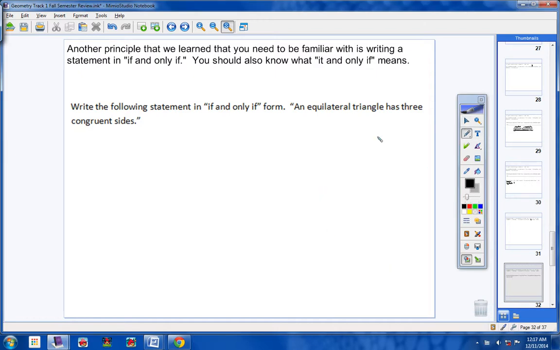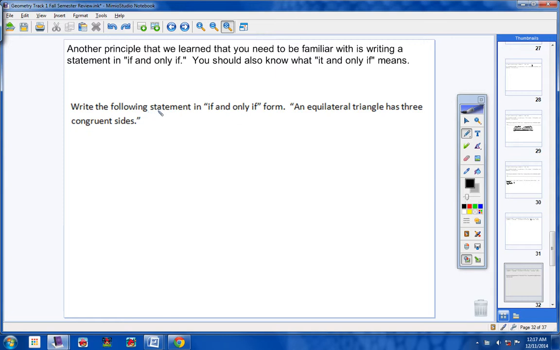Okay, now students, these can be a little difficult, so please listen to my tip, okay? My tip is this. Whenever you're writing an if and only if statement, usually, not always, but 99% of the time, you want to start off your statement by saying something is something. Okay? Let me say that again.